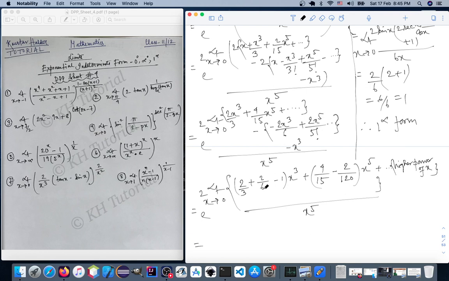So clearly the x over here is 0, so we are not having any term containing x cube, so it becomes 4 by 15 minus 1 by 60.